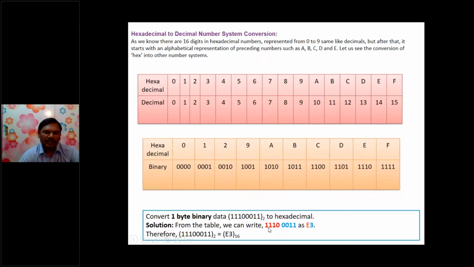So in this example, 11100011: 0011 is equivalent to 3, and 1110 is equivalent to E, because it is 14. So it is represented as E3H, E3 base 16.